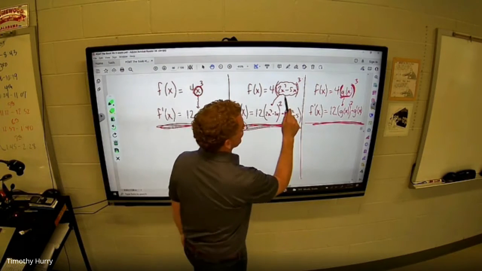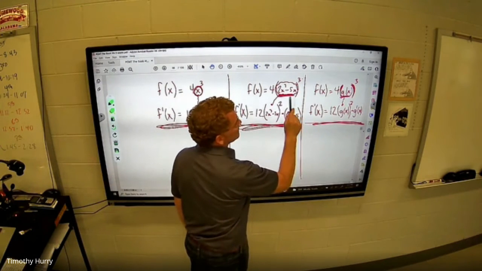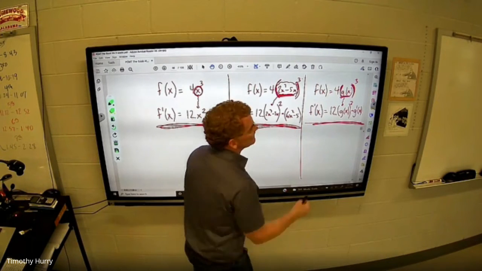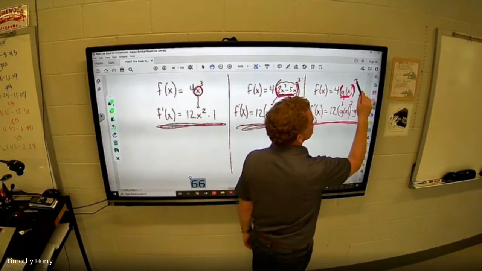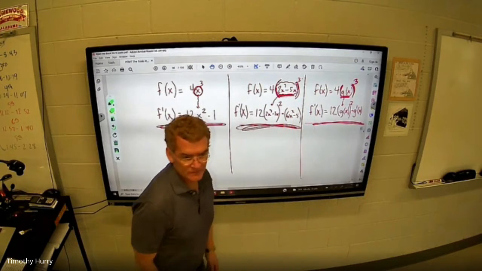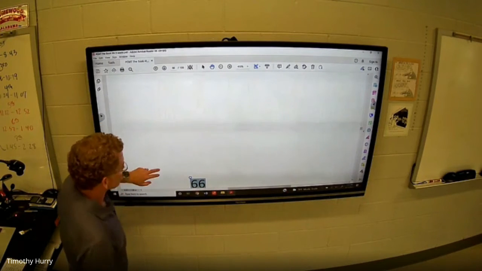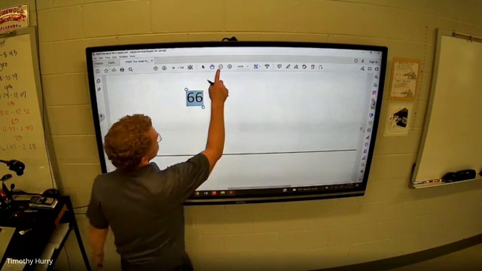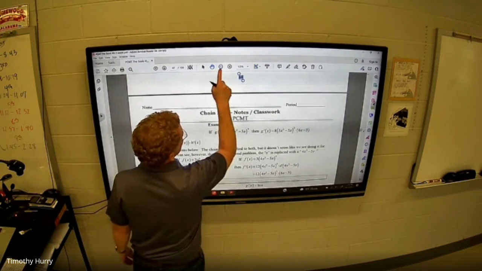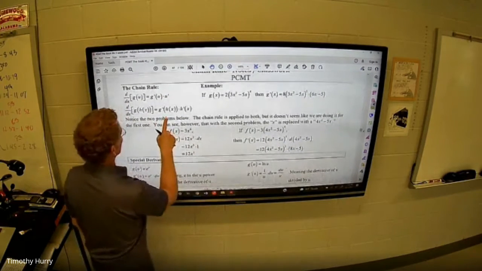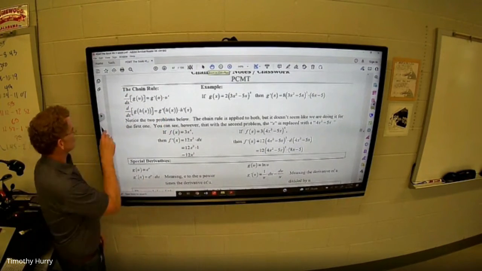This that I'm pointing at is a cubic function, a polynomial, inside of another cubic function. This is a g function inside of a cubic function. These are all functions inside of functions. I want you to look at, on page 160, I'm on page 67, the definition right here of the chain rule. I want you to look at this bottom one.